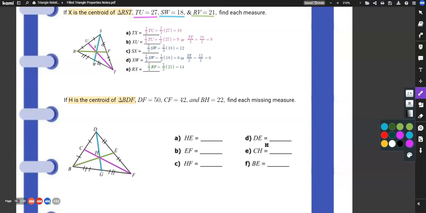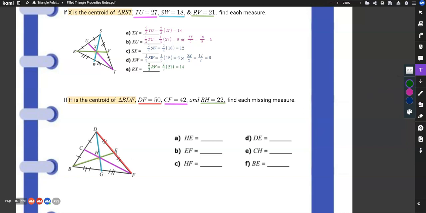DF is one of our side lengths, and it's given to us as 50. CF is one of our medians. And BH is part of a median. So let's go ahead and look at these different parts. So first off, it asks us for HE.